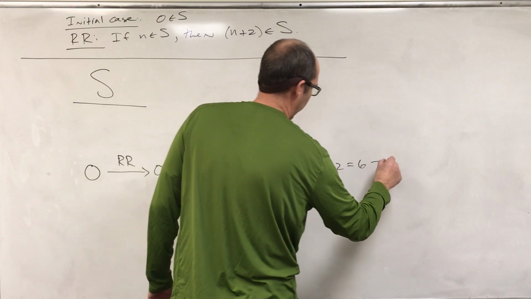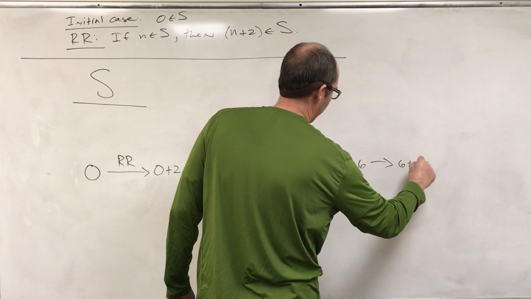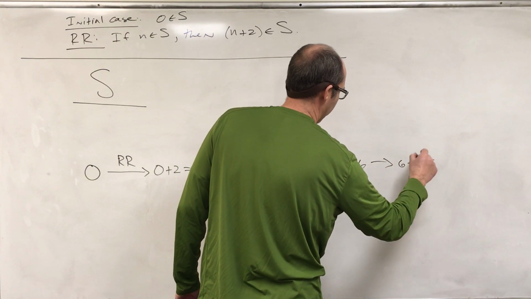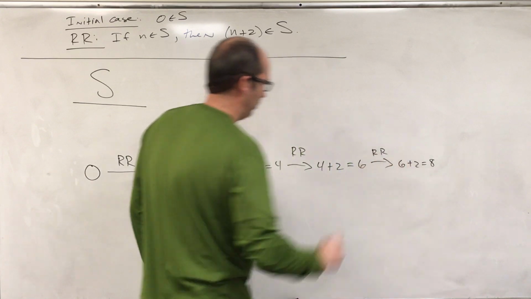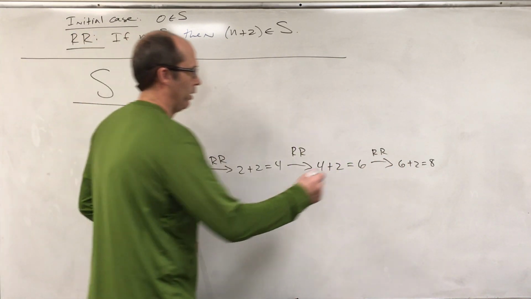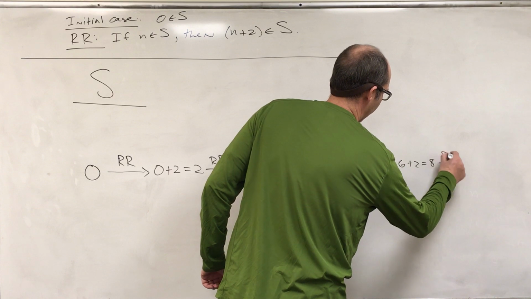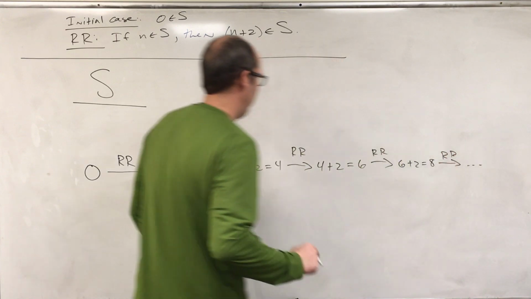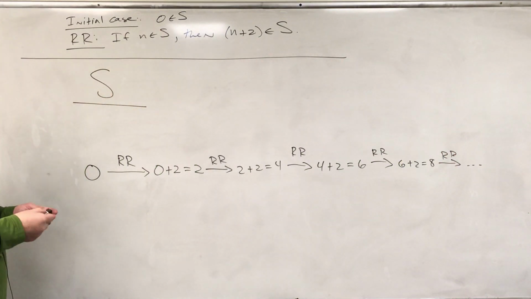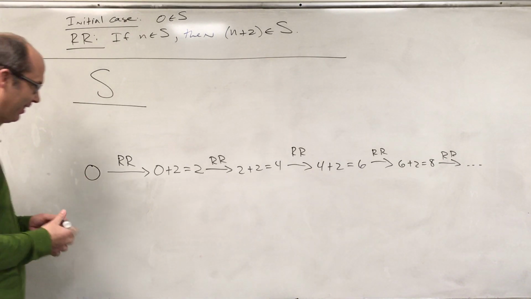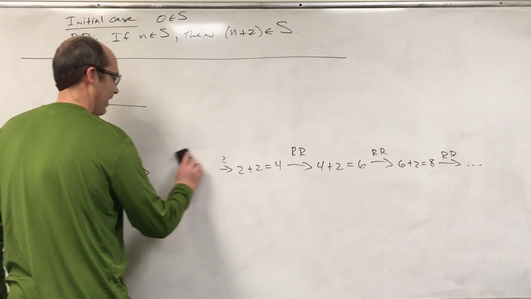Apply the recursive rule again, we get that 6 plus 2, or 8 is in there. Right. Okay, and just keep doing that forever. So do you see what S is?